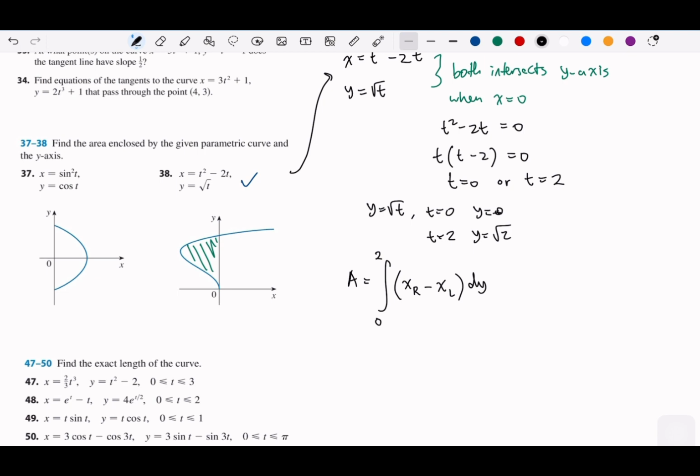What is the curve on the right? This x equals 0, okay? The curve on the left is this x, okay? And then we are going to express this using the parametric expression. So we are going to exchange all of this into parametric.